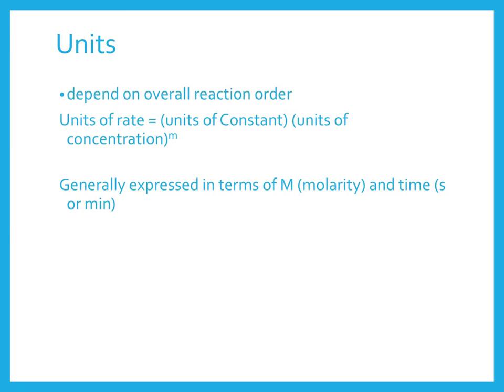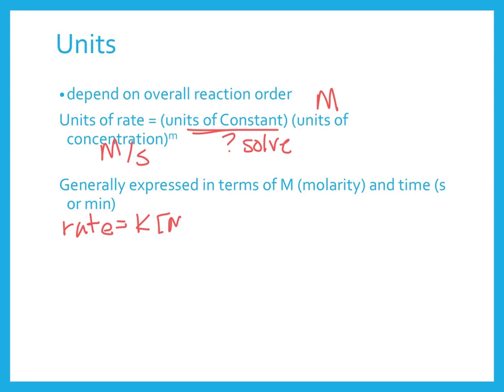The units for the constant are dependent on the overall reaction order. The constant units are the ones that we have to solve for, because you are always going to know that the concentration is molarity and the rate is molarity per second. If you have a reaction where rate equals K times one substance, we'll call it M, our rate would be molarities per second, and our single substance to a first order would just be molarity.